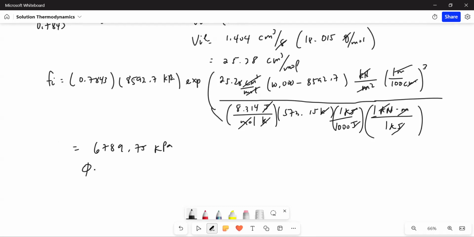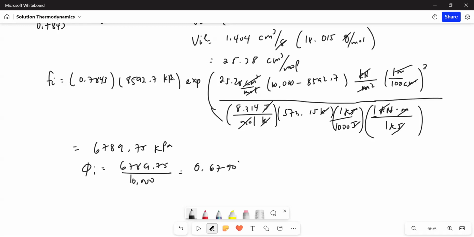And phi is 6789 over 10,000, which is equal to 0.679.